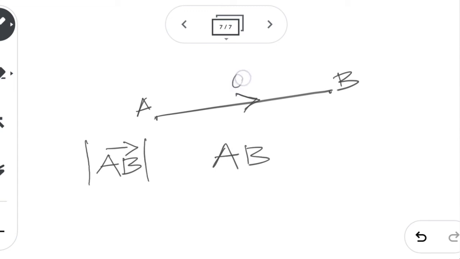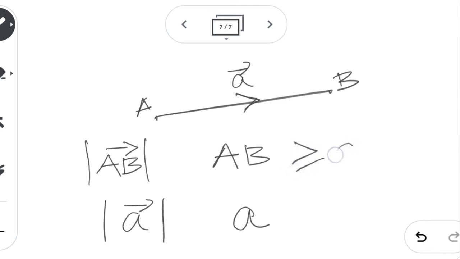Or, since it is vector A, its magnitude is also denoted by magnitude of vector A, or simply A. The magnitude of a vector is always greater than or equal to 0. It is a non-negative quantity.